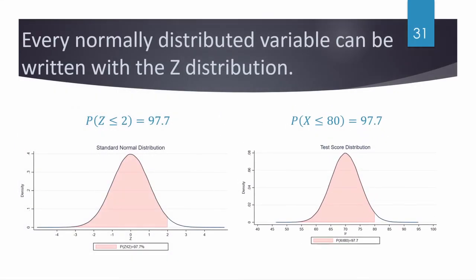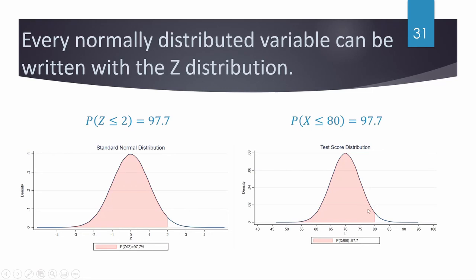This problem should look familiar because it's one we looked at previously, where we asked what the probability was that somebody scored below an 80% on their test. We can see here that in that problem, the mean was 70 and the standard deviation was 5. So if we move 1 standard deviation above average, you'd have a test score of 75.